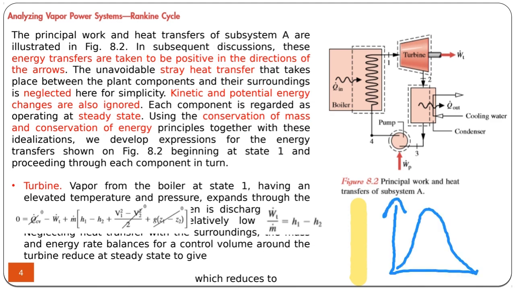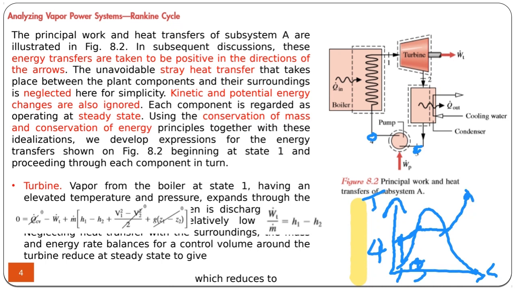T-S diagram, let's say. S is the entropy. From 3 to 4, liquid is compressed. Then when it enters into the boiler, first its temperature is increased, then at constant temperature it changes phase, then it becomes superheated, state 1.